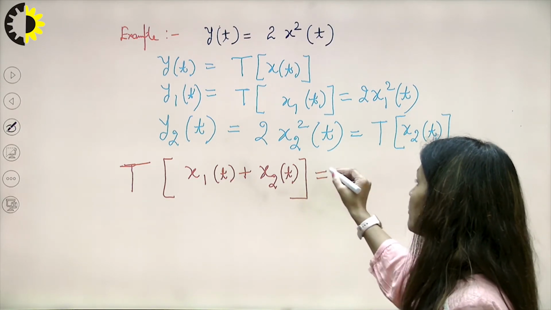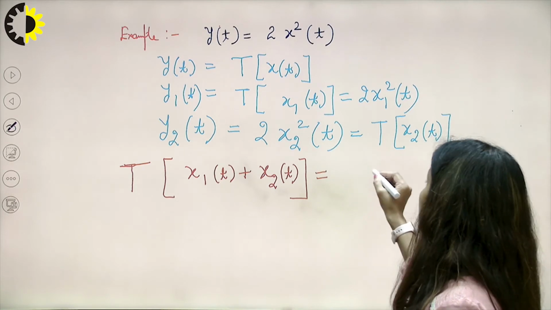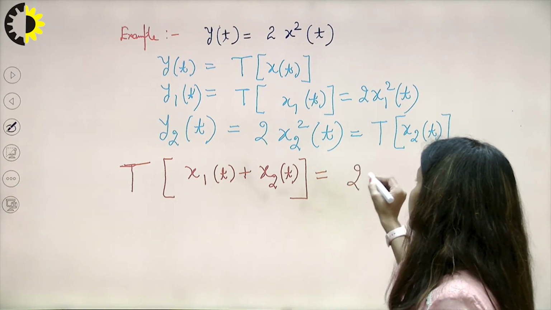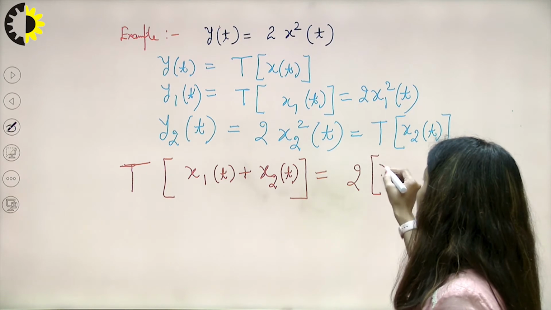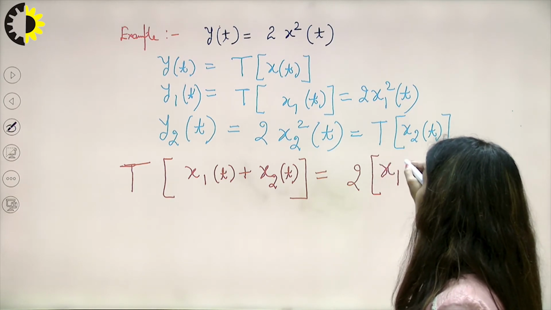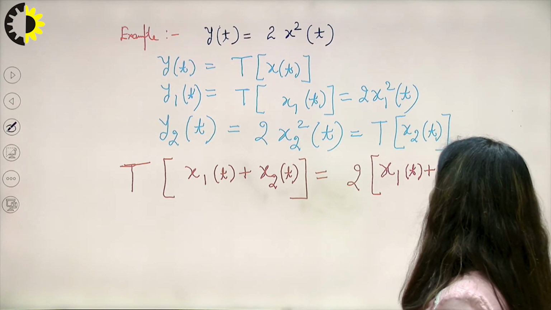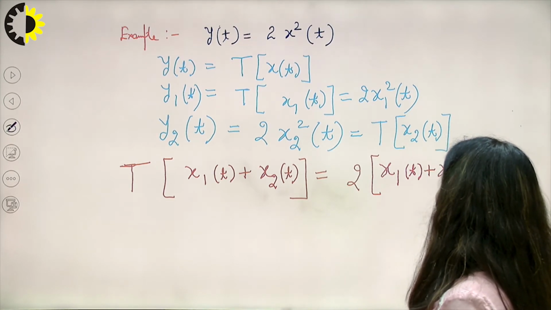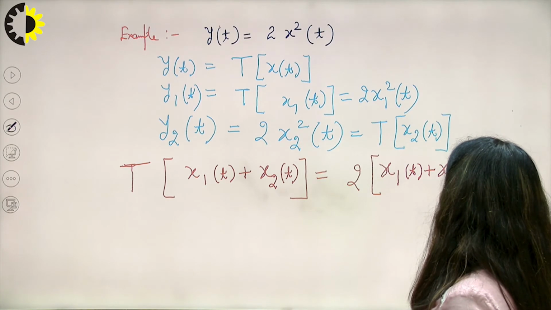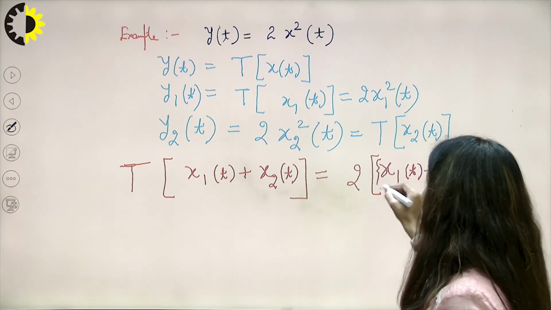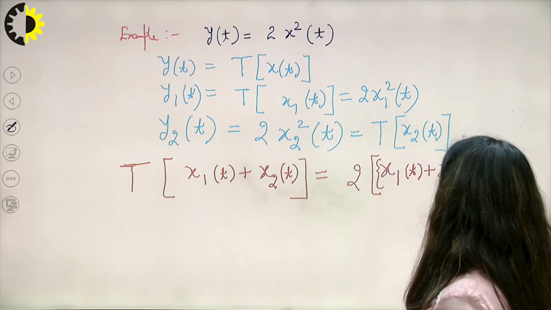The output will clearly be 2 of x1(t) plus x2(t) whole squared.